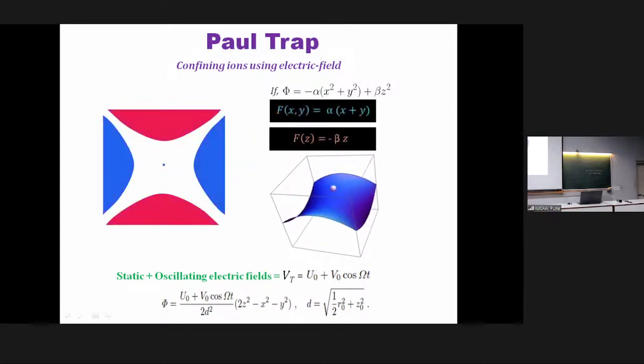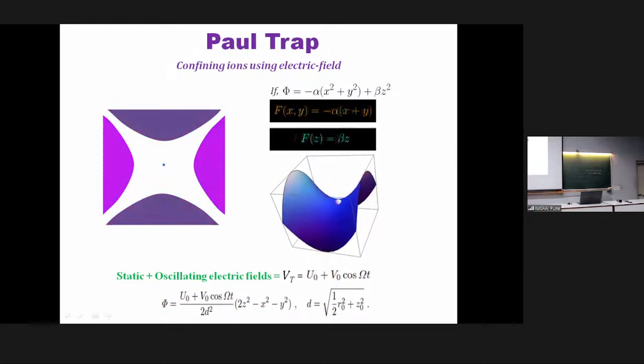Let's say the frequency in an unperturbed condition, that is the clock frequency we are talking about, is nu zero, but due to the Zeeman shift, it will be shifted depending on the magnetic field. So you will not be able to measure the exact unperturbed frequency. That's why for clock applications, people use the Paul trap, not the Penning trap. And that's why I will focus only on the Paul trap.